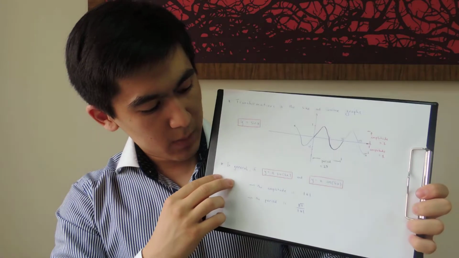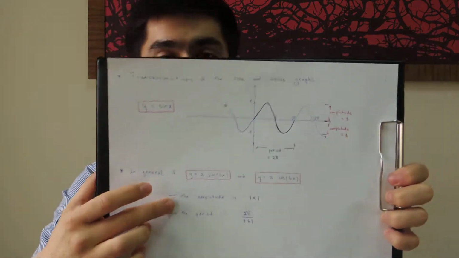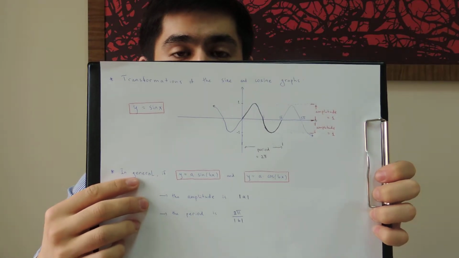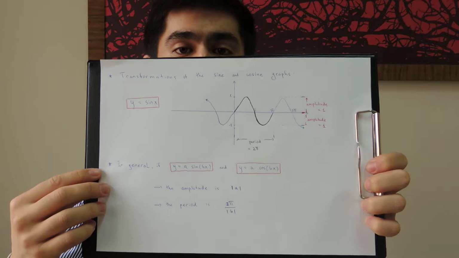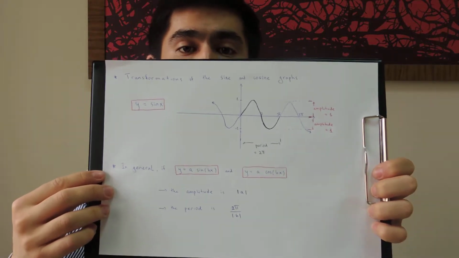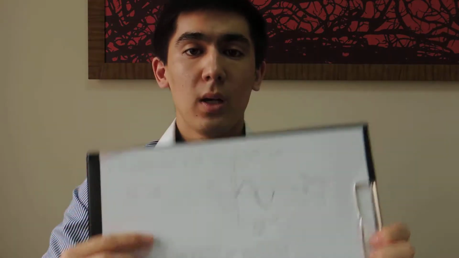So amplitude is the absolute value of a, and period is 2 pi divided by the absolute value of b. So we see that both amplitude and period are always positive because they have absolute value.